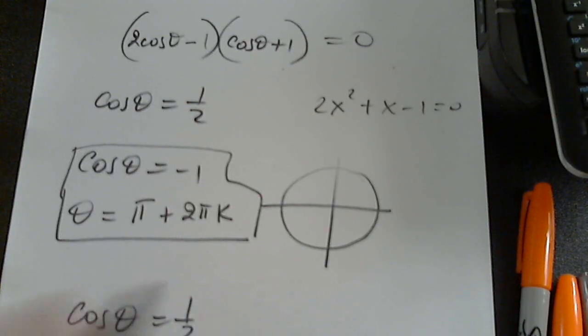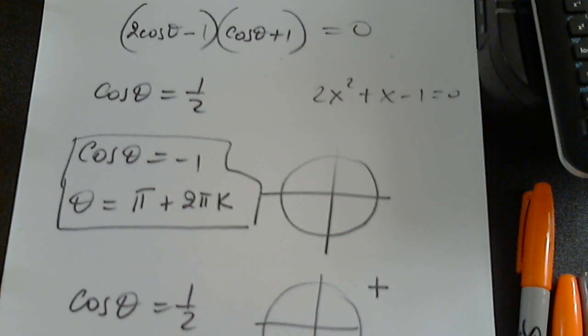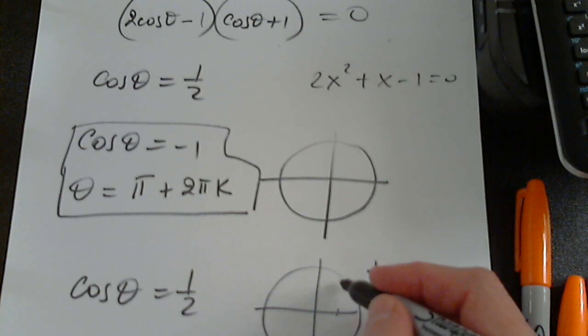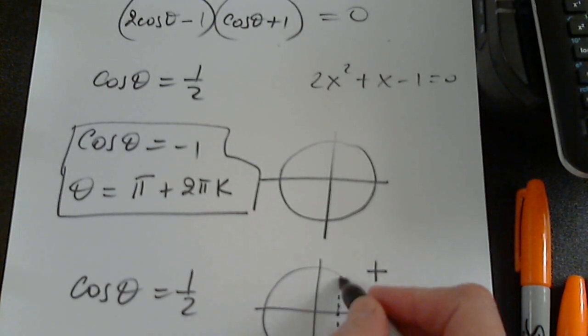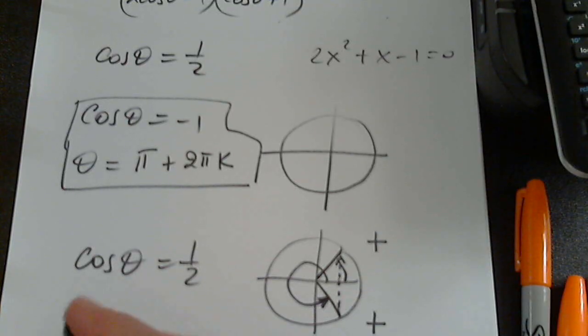Cosine theta equals 1/2 means first and fourth, two angles, with cosine right here in the middle, 1/2. So this is one angle, and this is the other angle. So theta equals and theta equals.